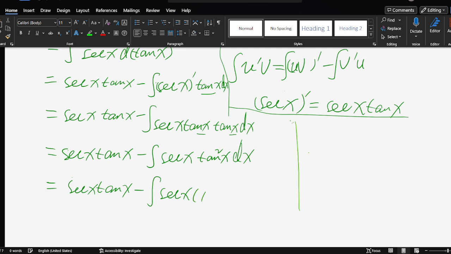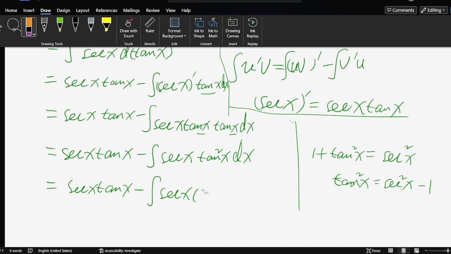With so many formulas, you must remember. 1 plus tangent x squared equals secant x squared. So that means tangent x squared equals, I write it, okay. Tangent x squared equals secant x squared minus 1. So secant x squared minus 1 dx.